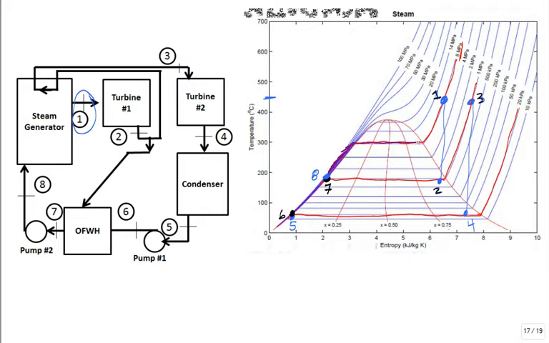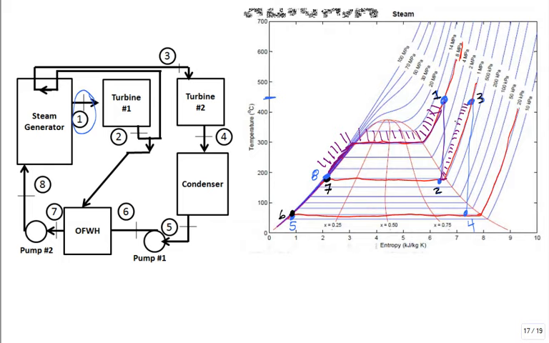Do I still have some heating of liquid before it starts to boil? Yes. And then I have it boiling. Then I have it superheating. Then I have it expand, come down. Then I have it heat a little bit till it boils, but most of the reheat is superheating.